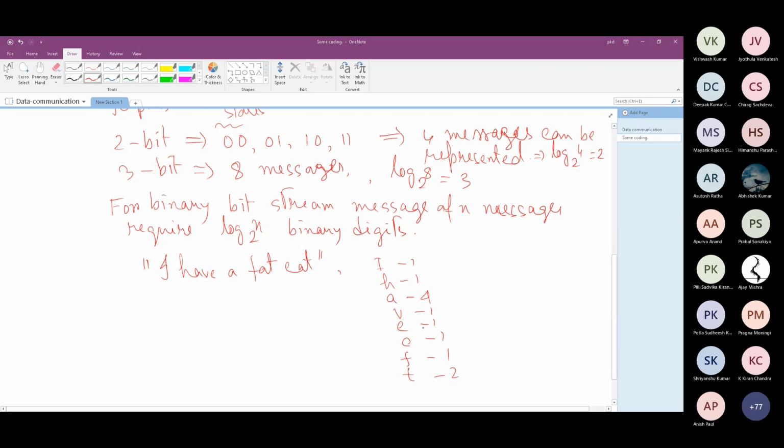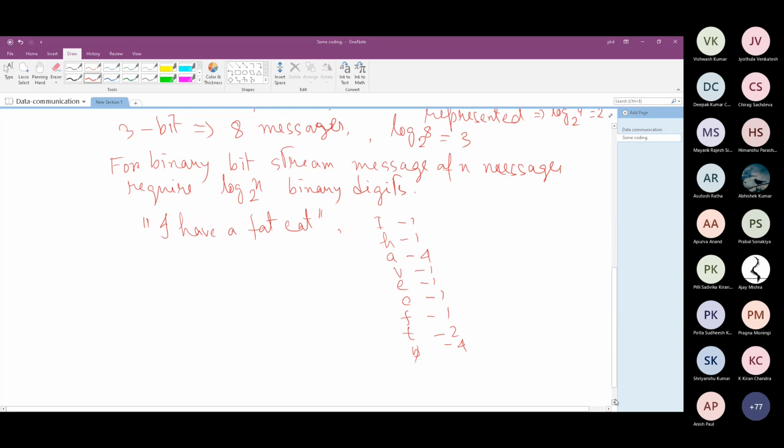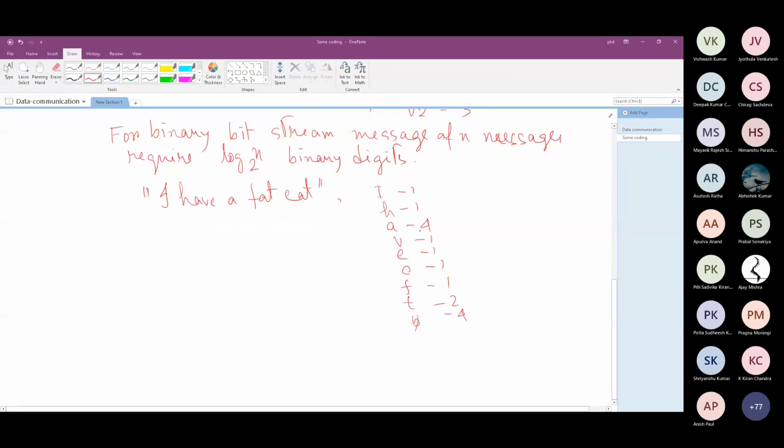So as you can see, if I want to transmit, and of course blank, 1, 2, 3, 4, four blanks are there. So therefore, the most probable symbols in this message are A four times and the blank four times.